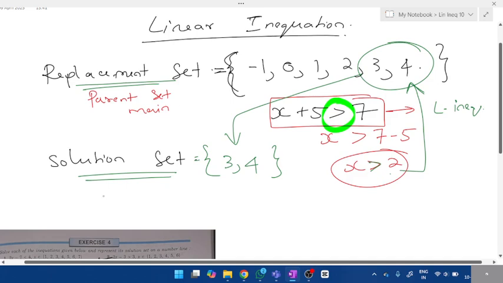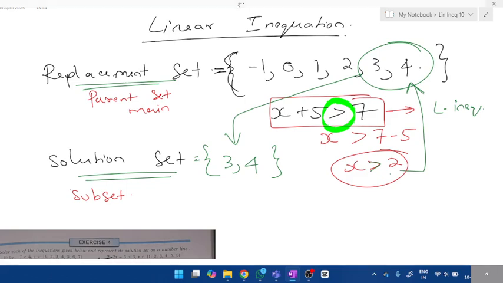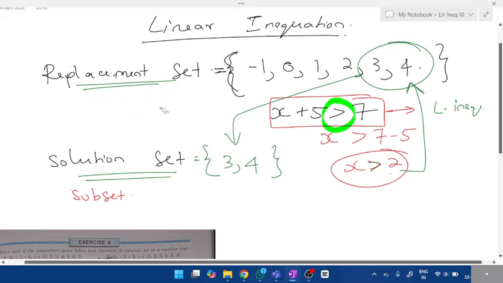The solution set you call the subset, or child. These terms are not required. You can just remember them as main set and subset. The replacement set is the main set. The solution set is the subset: 3 and 4.